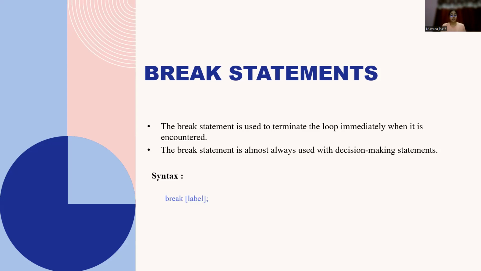In switch case we mainly use break, and in loops we can use break and continue. Here in the syntax of break, the label is optional, so in many cases we don't use a label in a break statement.